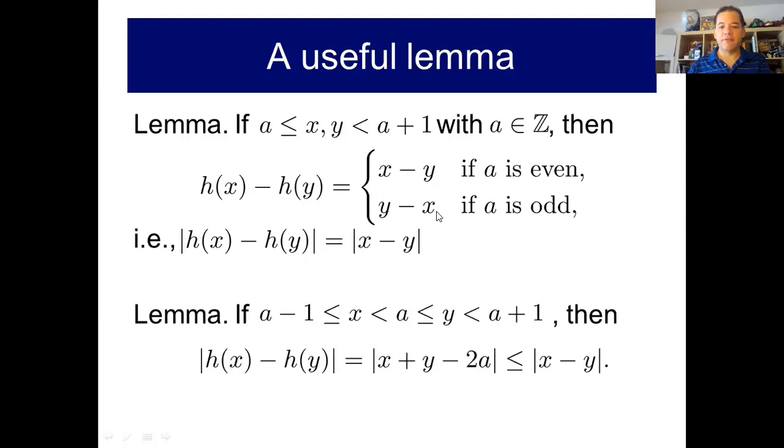And that's very, very convenient as you will see later on. So a lot of the calculations we're going to do are based on this, that the difference is either x minus y or y minus x. In particular, the absolute value is always x minus y in absolute value.